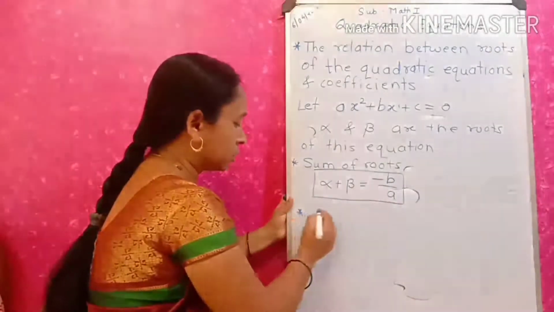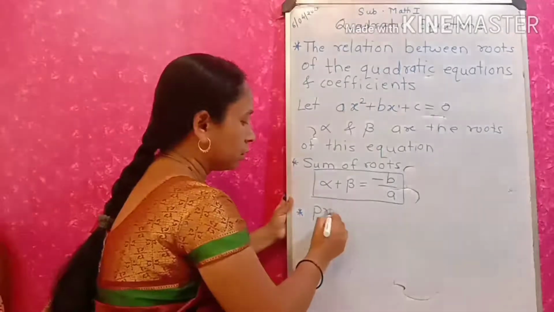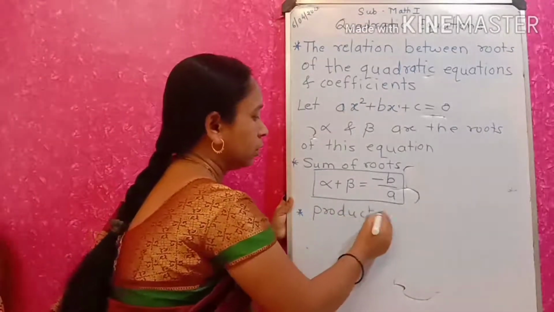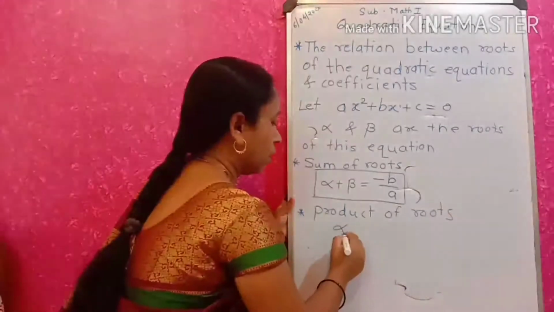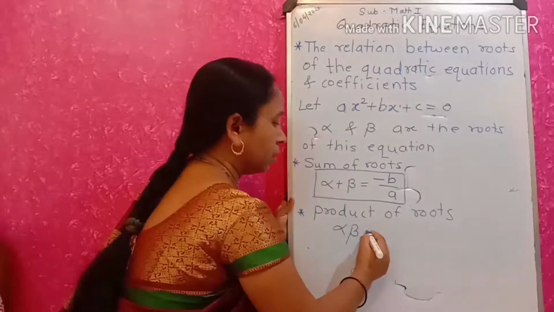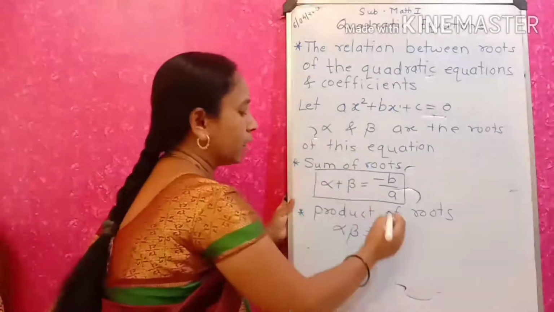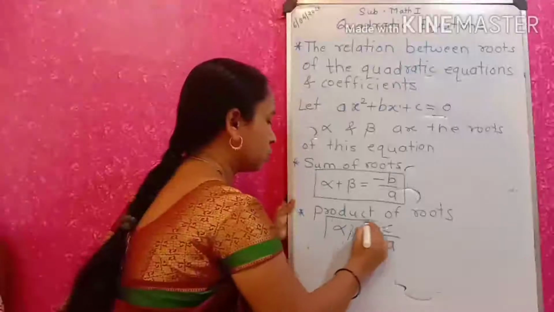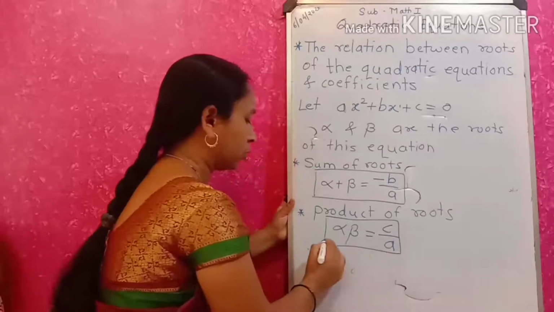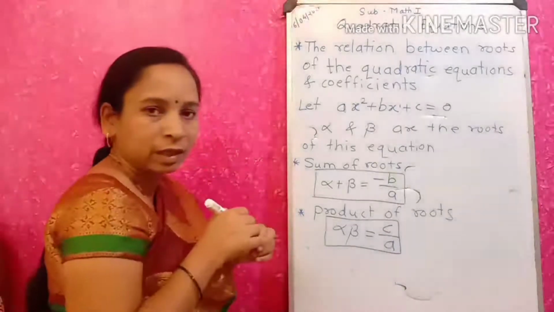Similarly, the product of the roots, alpha into beta, is equal to c upon a. These two relations are very important to solve the next examples.